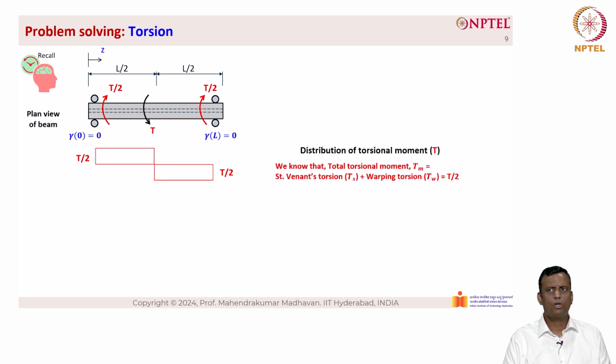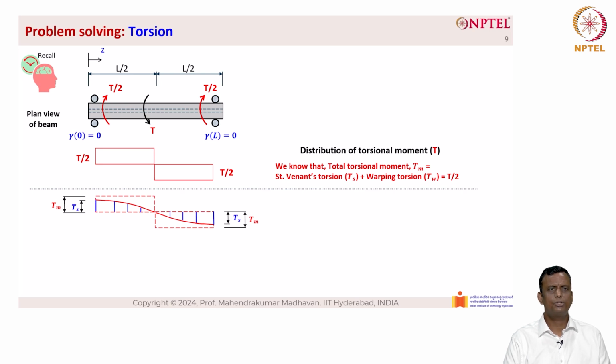And the distribution of torsional moment T is a combination of Saint-Venant's torsion T sub S plus warping torsion T sub W, which is equal to the total applied torque T by 2 at the ends. So the distribution is given as shown in the figure here. The Saint-Venant's torsion T sub S is basically the red color line, which is a spline or a cubic equation.